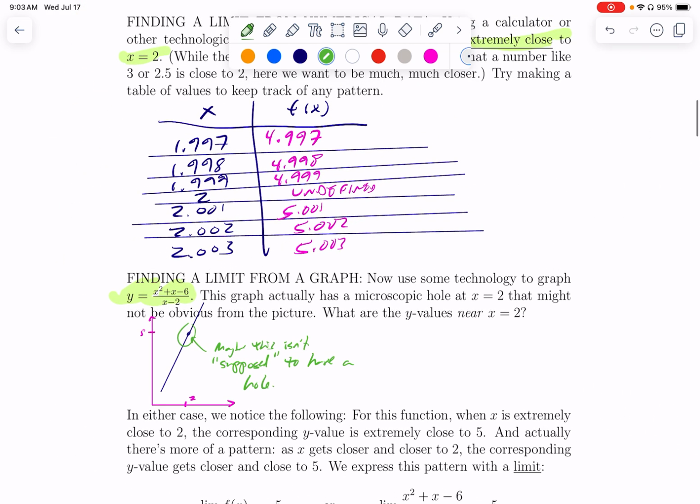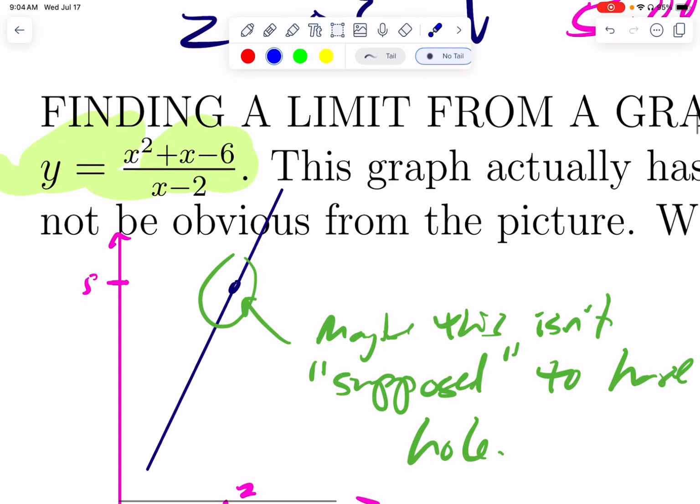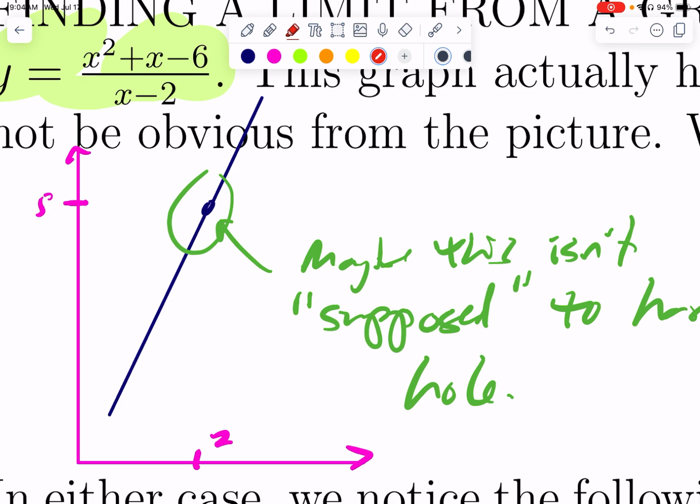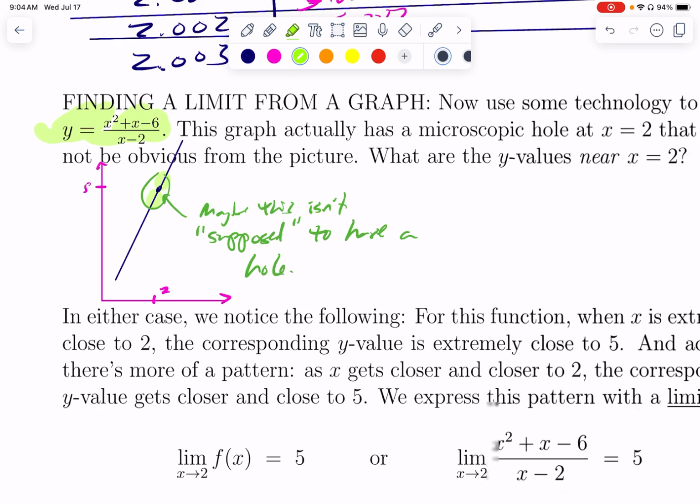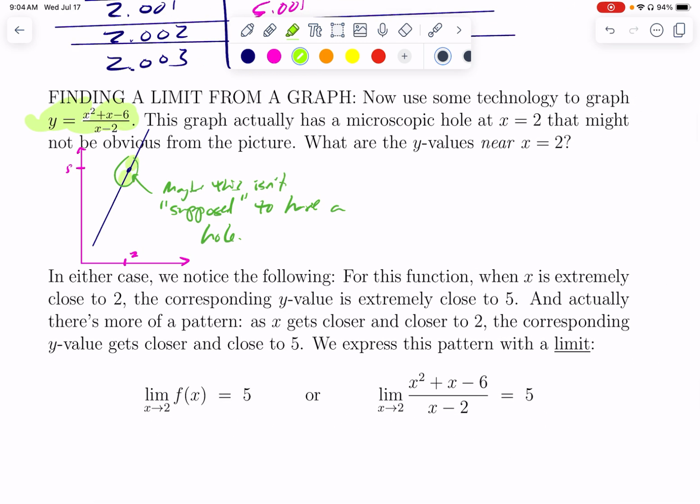In either of these cases, what we notice is if our x value is close to 2, our y value is close to 5. We can see that by specifically just listing numbers. We can see that with the graph. Here are some points on the graph where x is close to 2 and y is close to 5. And moreover, it's not just about close to.